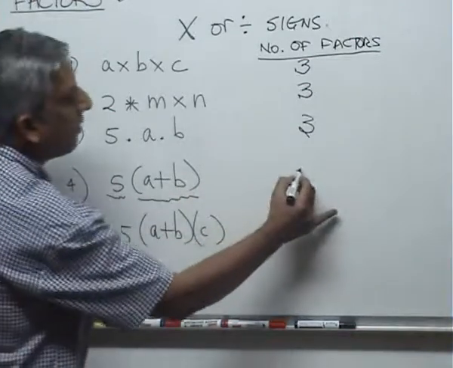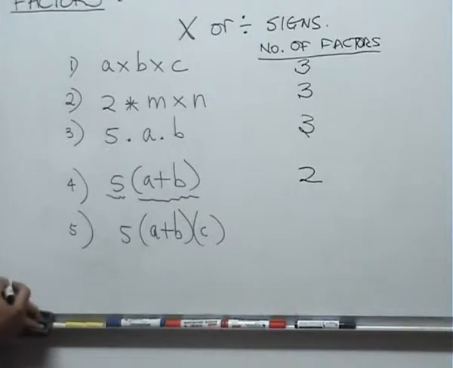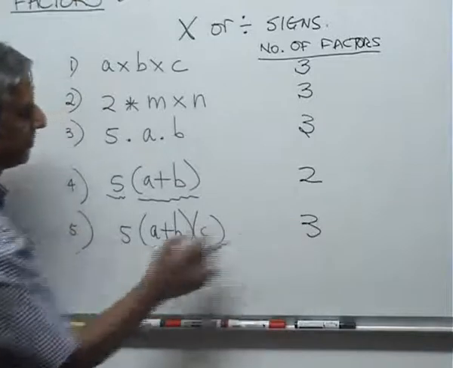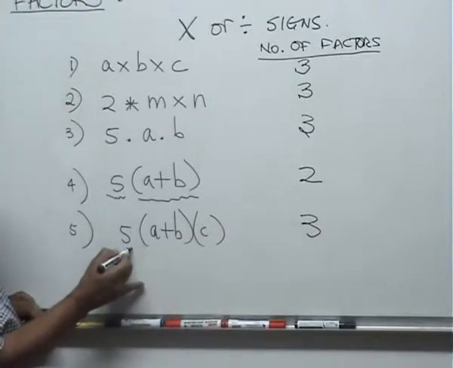So altogether we have 2 factors. When we look at number 5, I hope you worked it out. Yes, if you said 3, you are right. Because 5 is one factor.